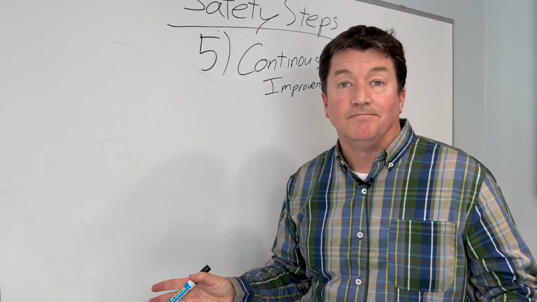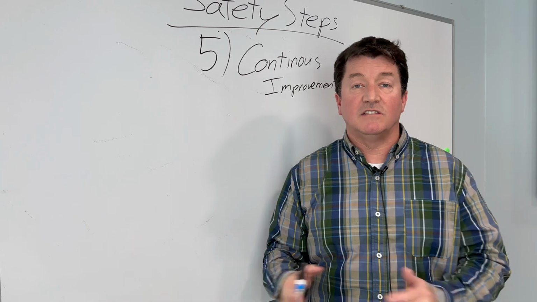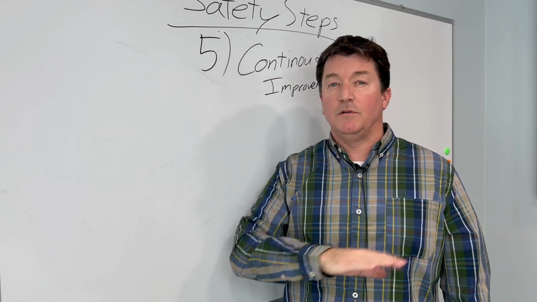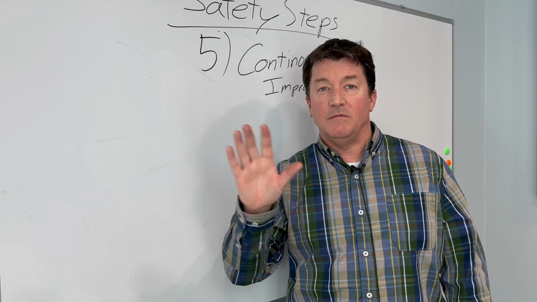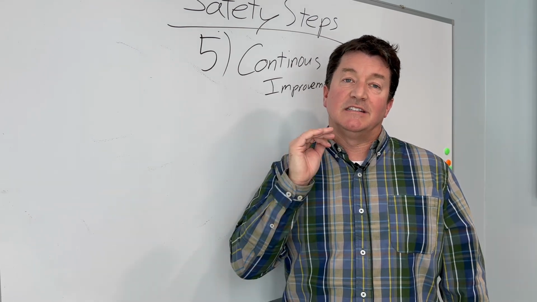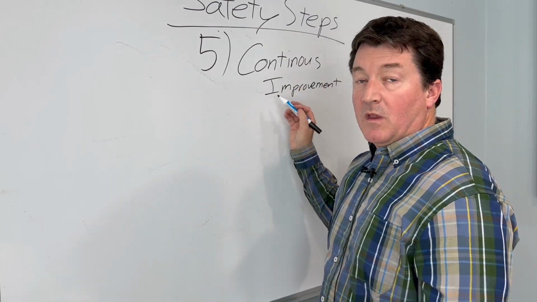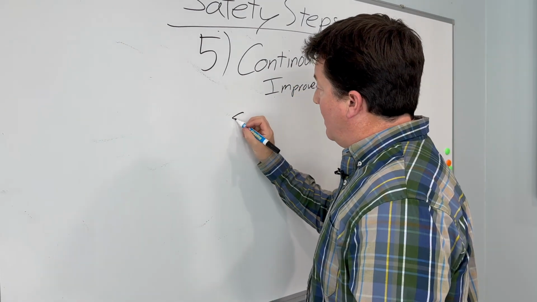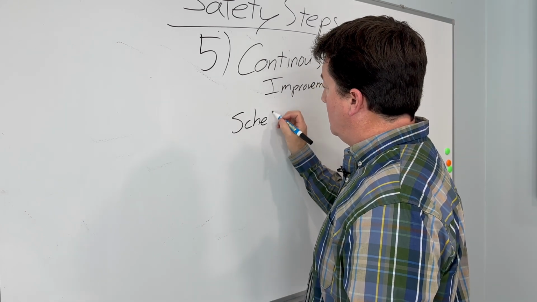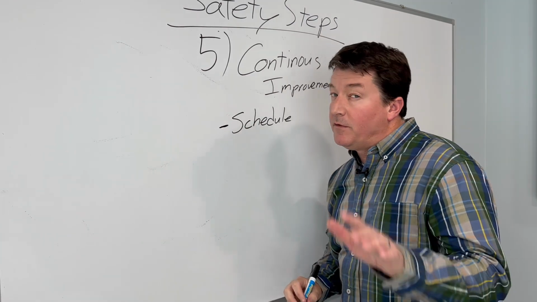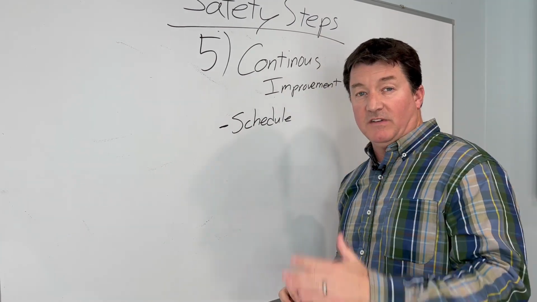Now, what I mean by that is you're never done. Things can always be better. So if step 5 is we tie a bow on the safety programs, on the training, on the inspections, step 6 means continuous improvement. We have to have a schedule so that we are going back and we are reviewing the safety programs that we just finished.